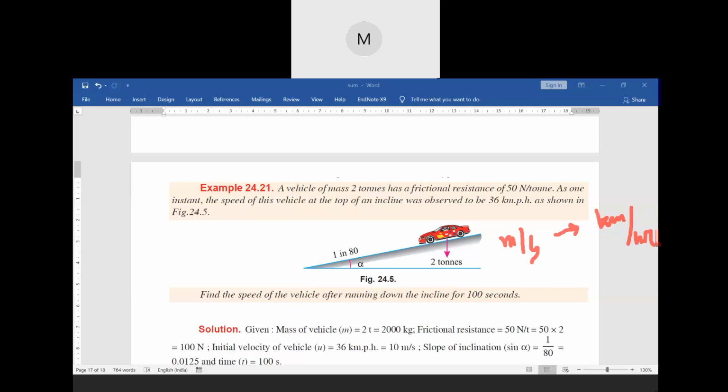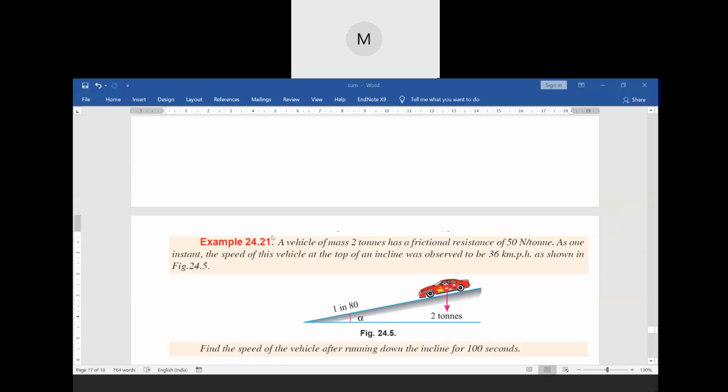What is the shortcut formula? It will be 18 by 5. If it is in meter per second and you have to take it to kilometer per hour, multiply by 18 by 5. Simple. Now solve it. I'll give you 5 minutes to solve it. I'm hiding this part.